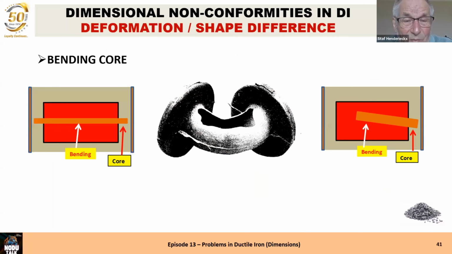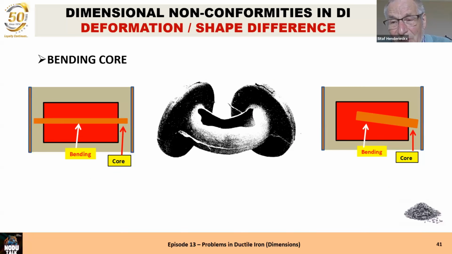Then the bending: when we have a core which is fixed at both sides and is horizontal, it can bend, and you can have a casting like the one in the center, where the wall thickness is very small, and it can even punch through, so there is an opening over there. Especially dangerous is the right side.